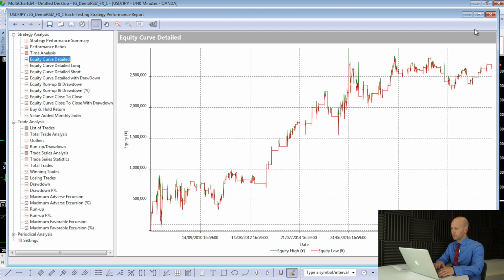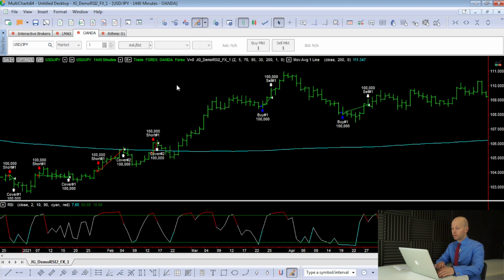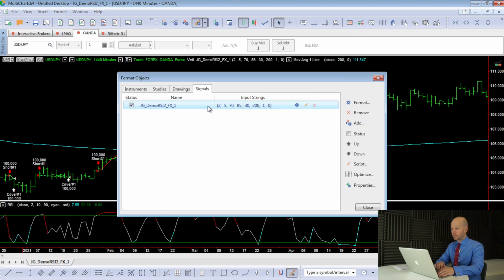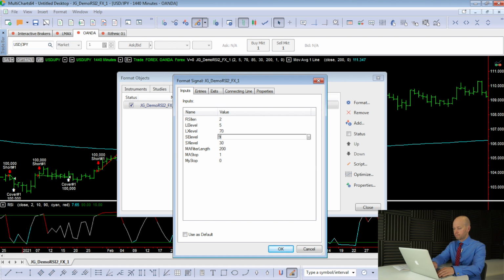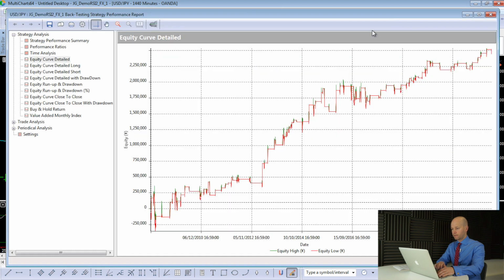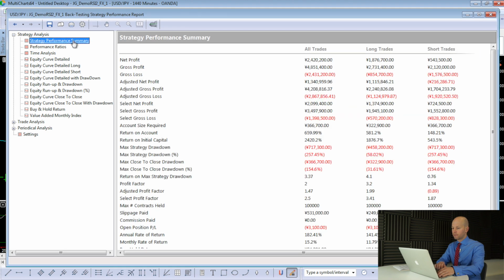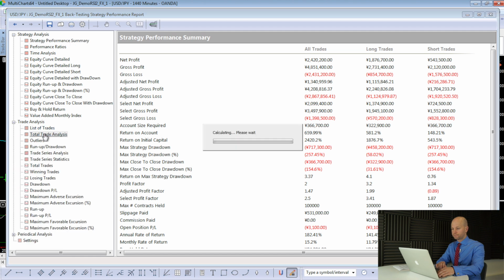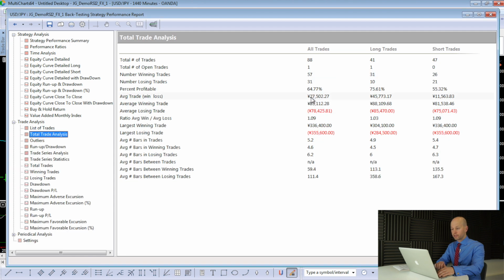I believe the equity curve was actually best using 5 and 95. Let's just show you that. That's the equity curve using 5 and 95. Net profit is a tiny bit less than before. The average trade is a lot higher.